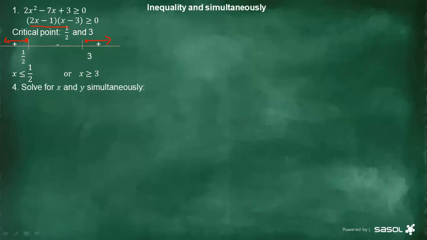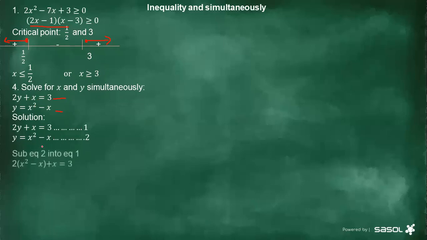Solve simultaneous equations again. Let's see the question. The first question is this one, with the first equation and the second equation. These are the equations. Now, we did not create a third equation. Why? Because you can see that in the second equation, y is already the subject of the formula. So there is no need for us to create a third equation.